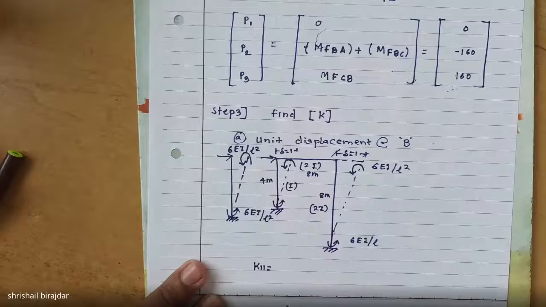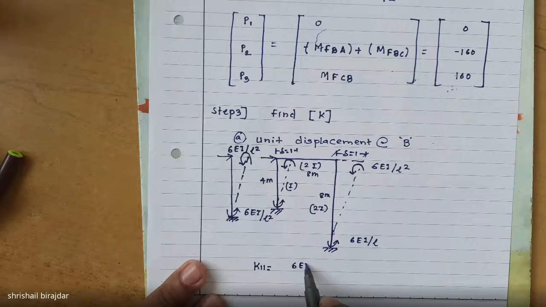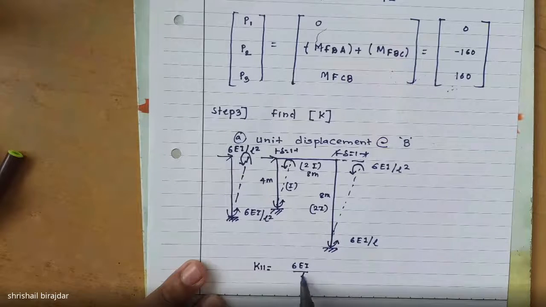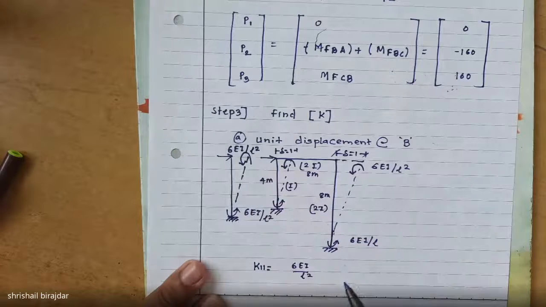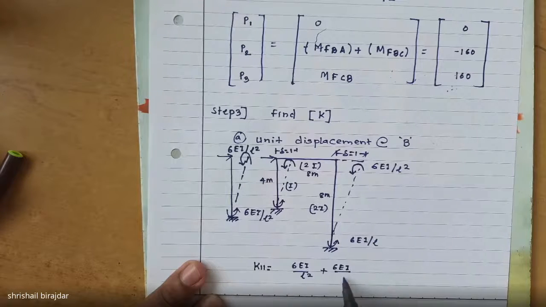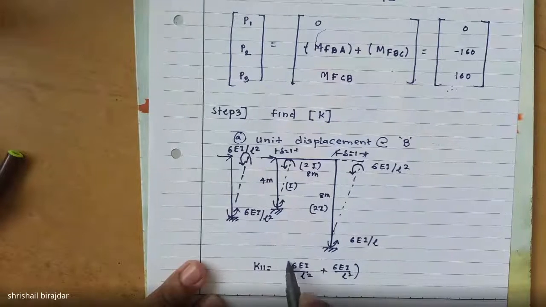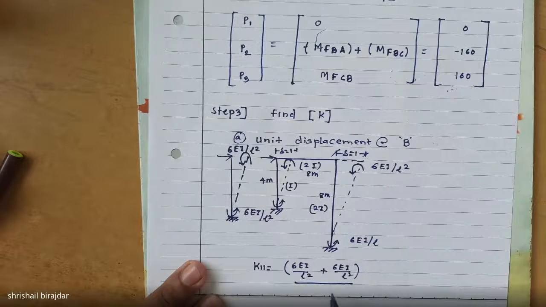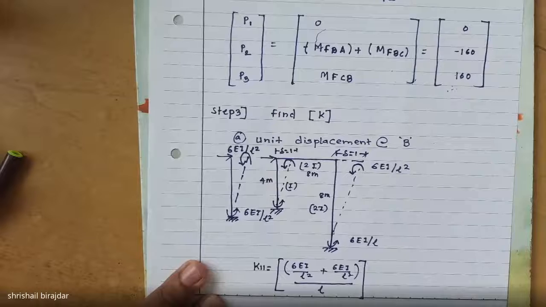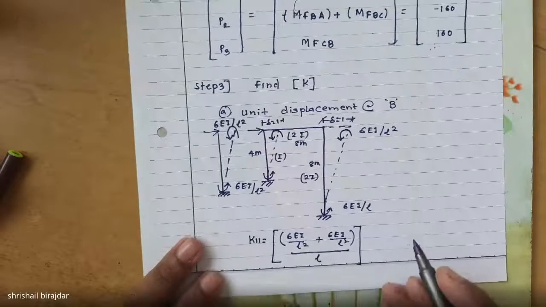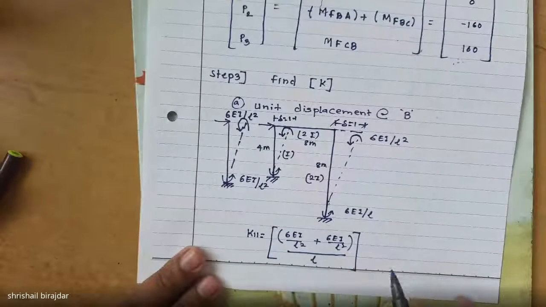So the simple way to find the K matrix coefficient K11 is to take exactly this column plus this column. We have to find the translation here. For this I am writing 6 EI divided by L square for this particular column, adding two moments here, plus 6 EI divided by L square, whole bracket divided by L. This is a square bracket, which I am writing for column AB.